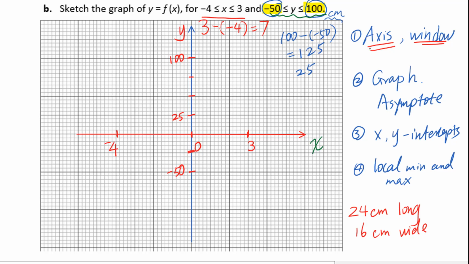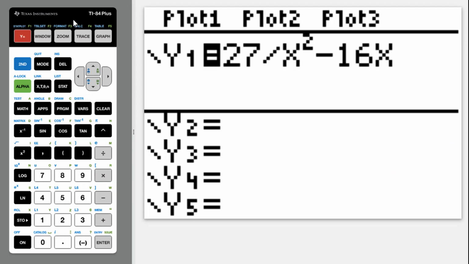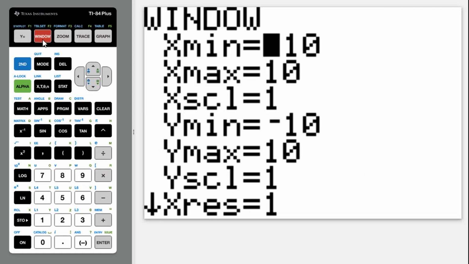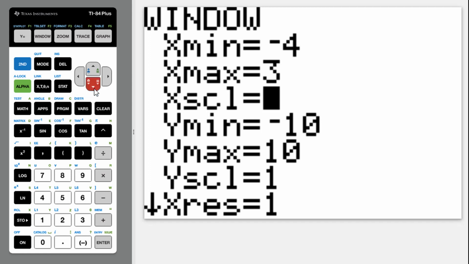Then when we go to the calculator, you will set up the same window. Go to calculator, put f of x into y1. So go to window. Minimum is -4. Maximum is 3. Scale is 1. We already set up 1 centimeter is 1 unit.